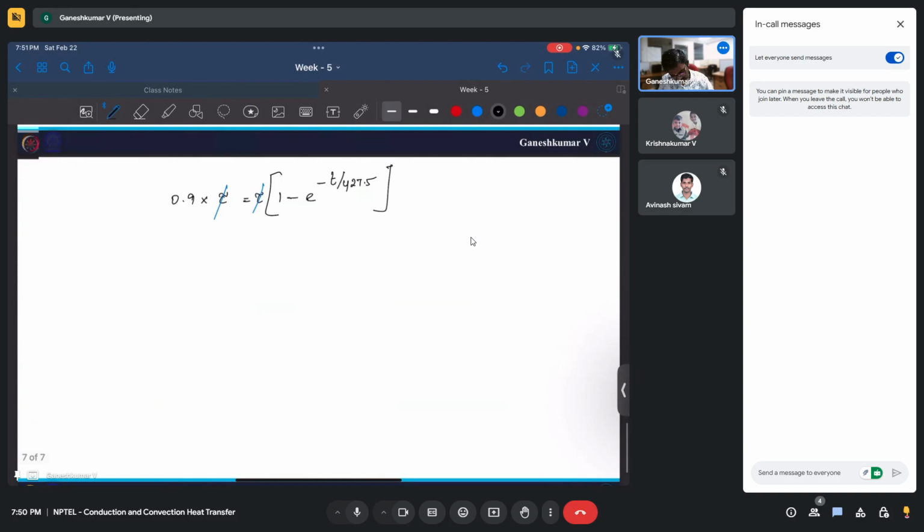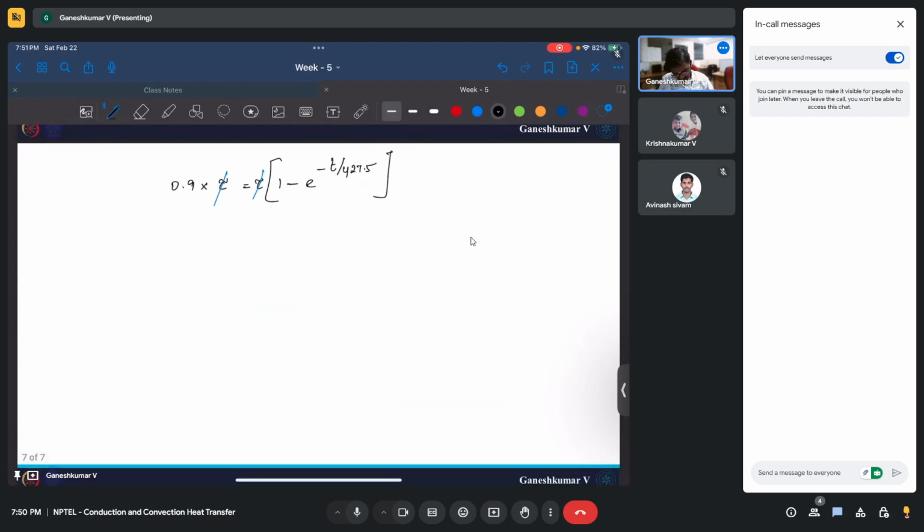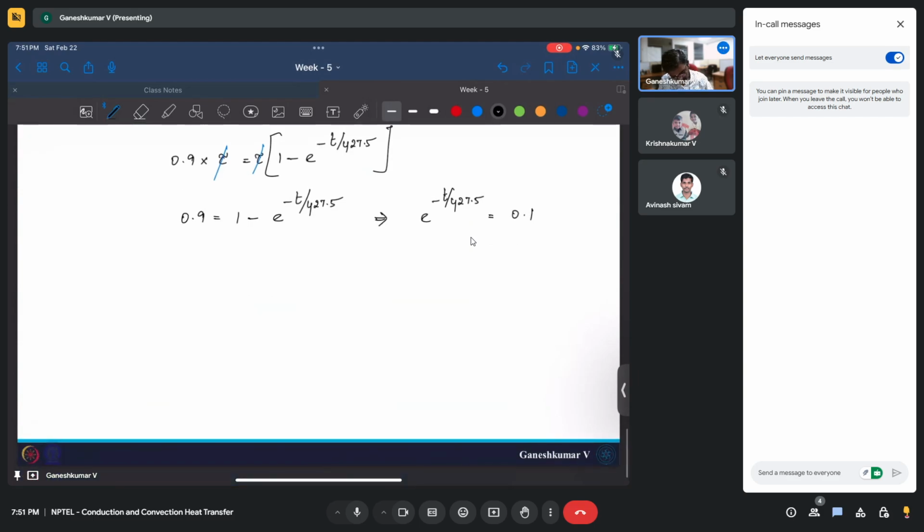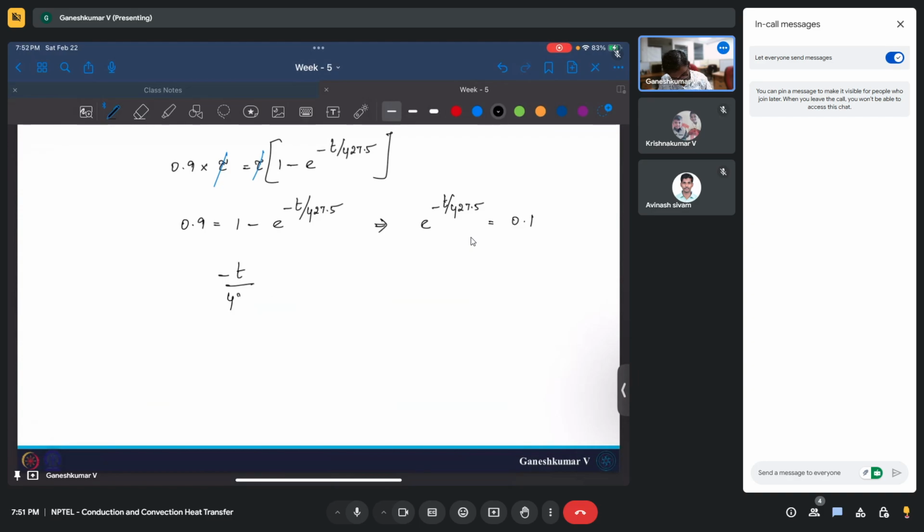Now you can see the units match. Okay, so this corresponds to 0.9 equal to 1 minus e power minus t by 427.5, and this will be e power minus t by 427.5 is equal to 0.1, then becomes minus t by 427.5 is equal to natural logarithm of 0.1, then t is equal to minus 427.5 into natural log of 0.1.